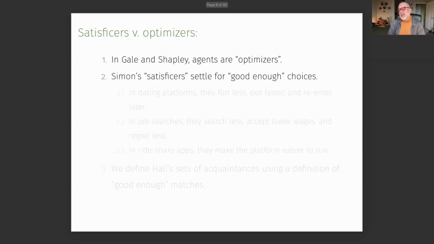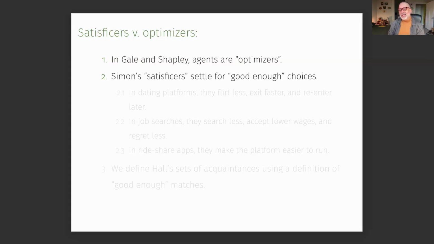Now, in behavioral economics and also in psychology, there's empirical work showing that many people are not optimizers. Many people in real life are what Herbert Simon called satisficers. The difference between a satisficer and an optimizer is that a satisficer is not looking for the best possible choice or the best possible outcome.